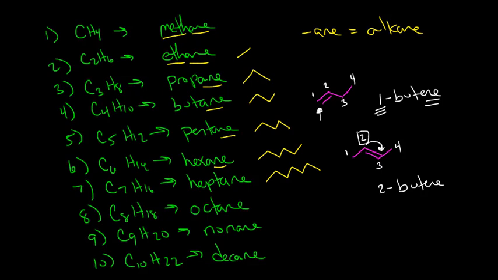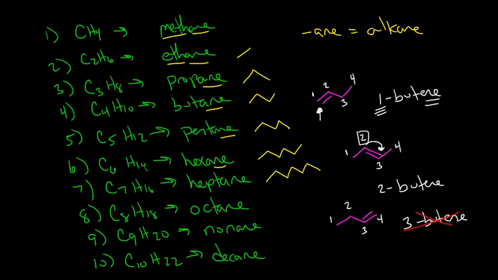Okay, so what happens if we move the double bond to the very last bond? So in this case, if I keep with my numbering scheme, I have 1, 2, 3, 4. So based on what we've talked about so far, we would name this 3-butene. But as it turns out, this is incorrect. Okay, so this is not correct.